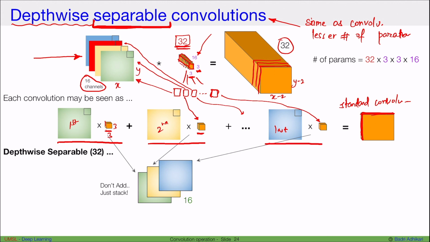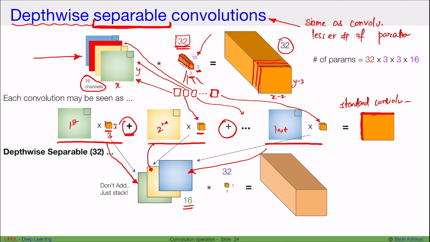Instead of performing these additions, we simply stack them so that this multiplication output comes in as my first channel, second channel, all the way to the last channel. So I have 16 channels because my input is also 16 channels. But now we have saved some computation by not having to pixel-wise add all of these channels.